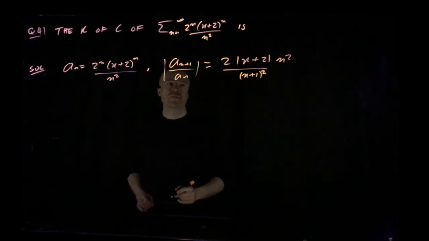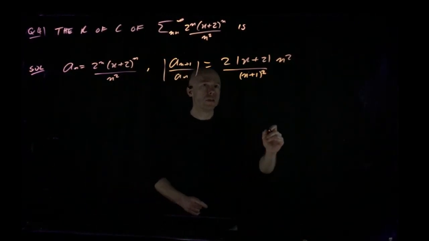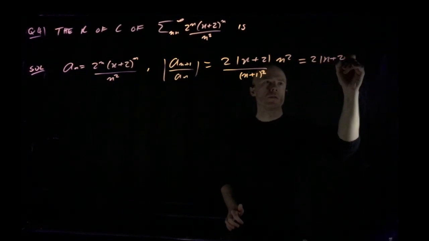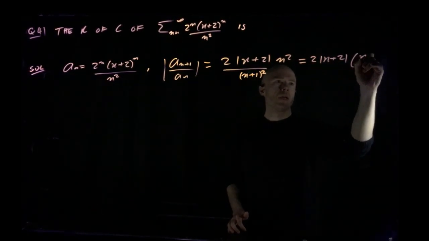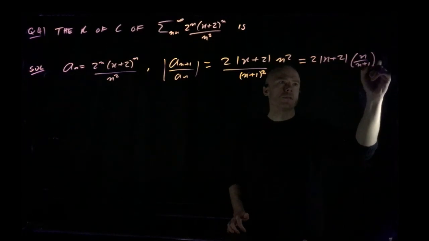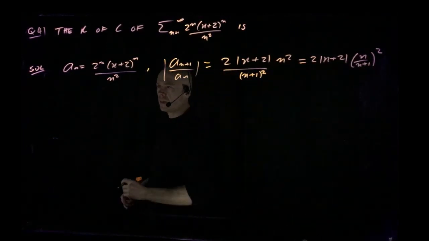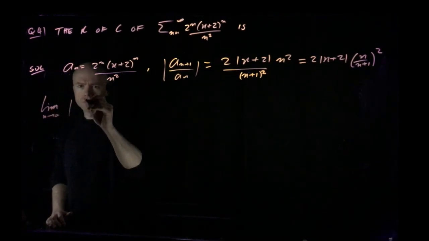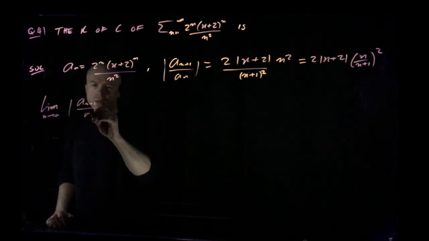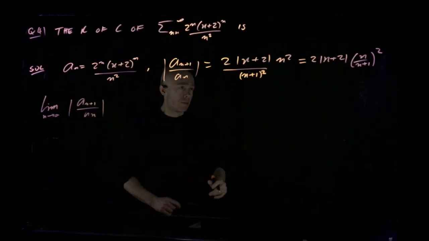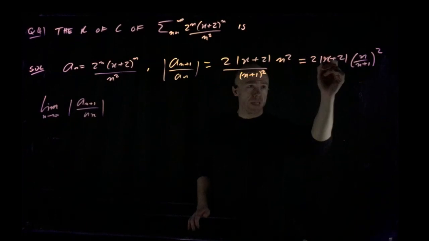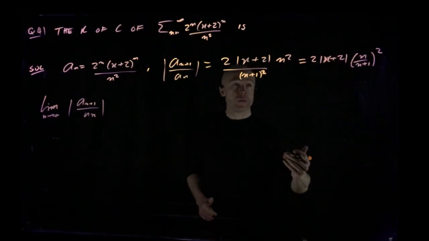That is the same as 2 times (x plus 2) times n squared over (n plus 1) squared. And if we take the limit of this as n goes to infinity of a_(n+1) over a_n, this thing right here doesn't depend on n, it's just x plus 2, so we treat x like it's fixed for this purpose, and we just pull it straight out.